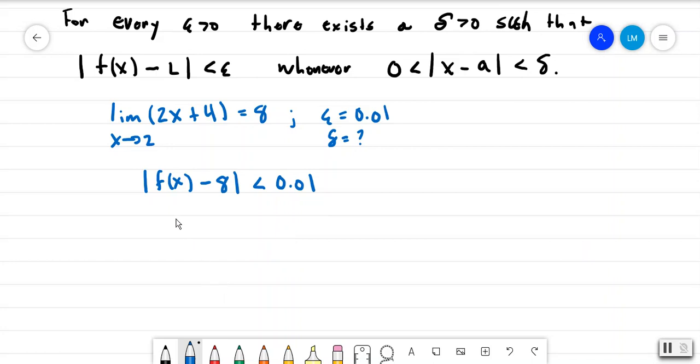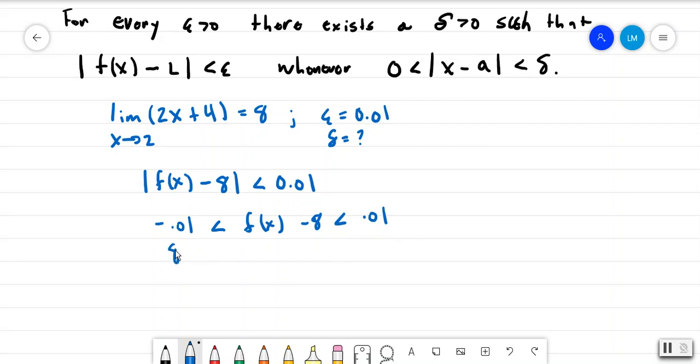So what this does is it tells us that negative 0.01 is less than f of x minus 8, which is less than 0.01. Okay, so that's not too bad. Next, we just add 8 to both sides.